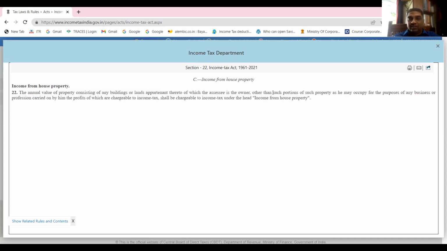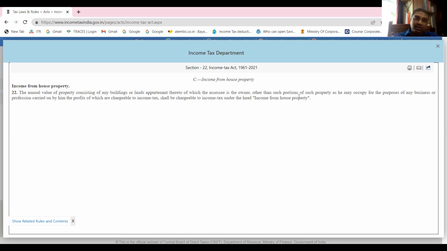Then, other than such portions of such property as he may occupy for the purpose of any business or profession carried on by him, the profits of which are chargeable to income tax, shall be chargeable to income tax under the head income from house property.